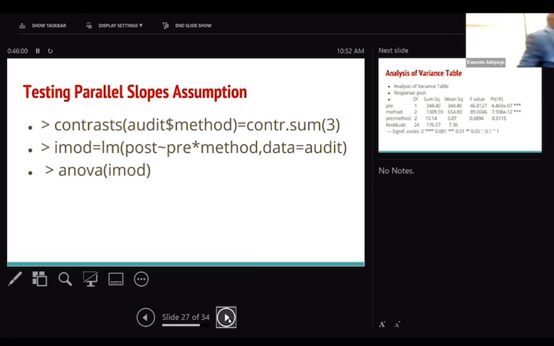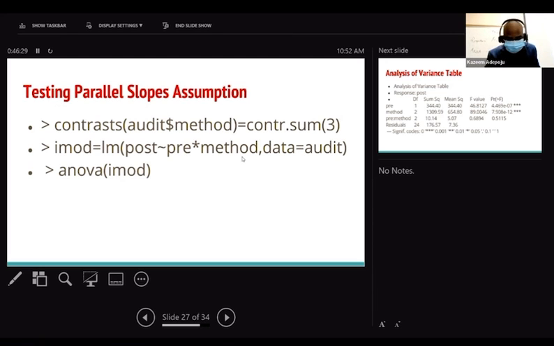And that is the reason, what am I doing now? Pre multiplied by method. Pre is the covariate. Method is the categorical predictor. There must not be any relationship between them. And the only way to test that is to test whether their interaction is significant. What I'm trying to tell you is that in analysis of covariance, the interaction between the covariate and the categorical predictor should not be significant.